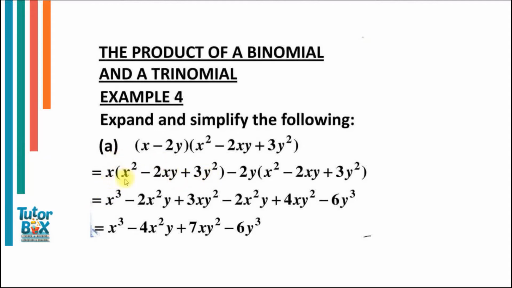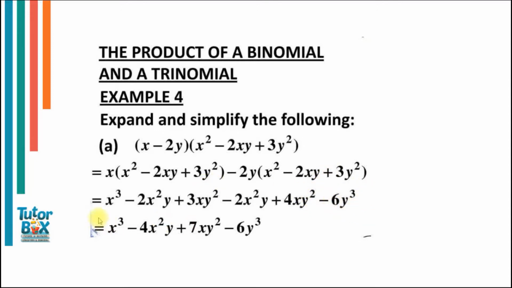We have x times x squared, and then we get x cubed minus 2x squared y plus 3xy squared, and then we have minus 2x squared y plus 4xy squared, and then minus 6y cubed.